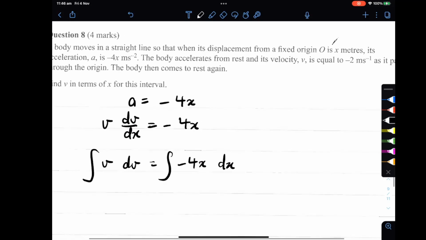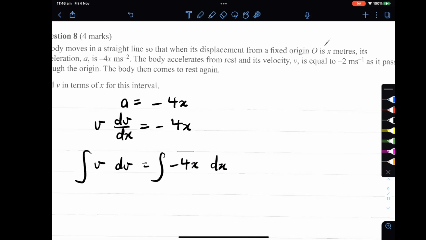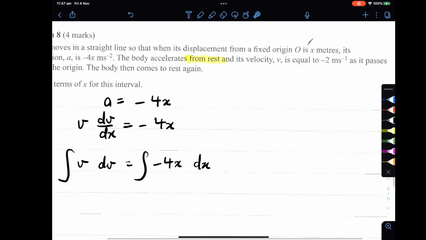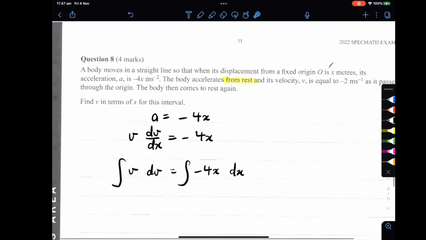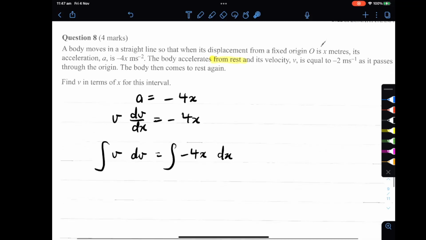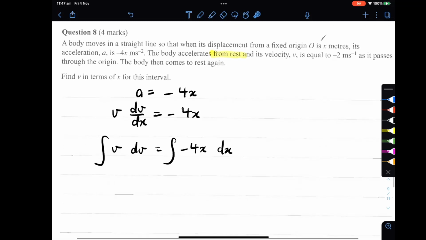So what are we told? We're told the body accelerates from rest and its velocity is equal to negative 2 meters per second as it passes through the origin. The body then comes to rest again.